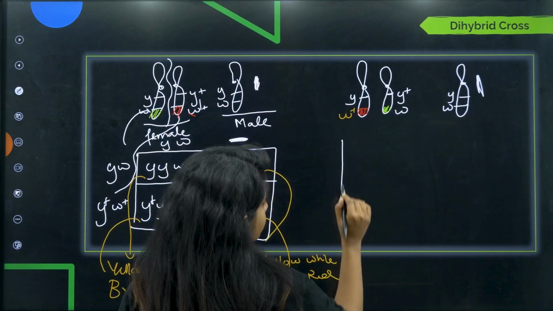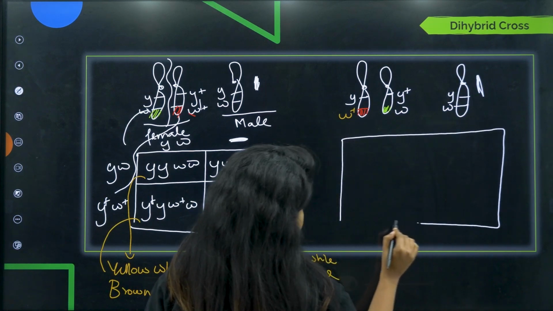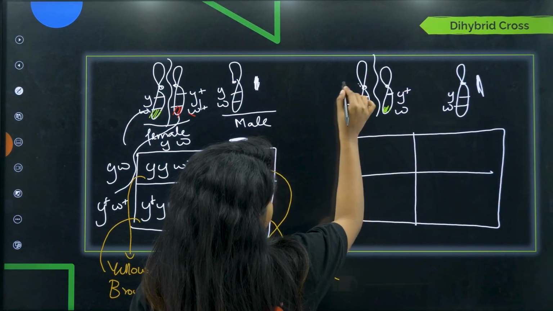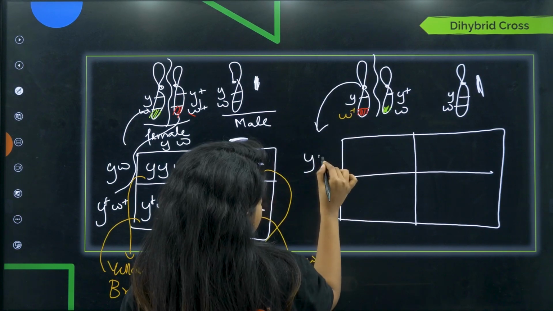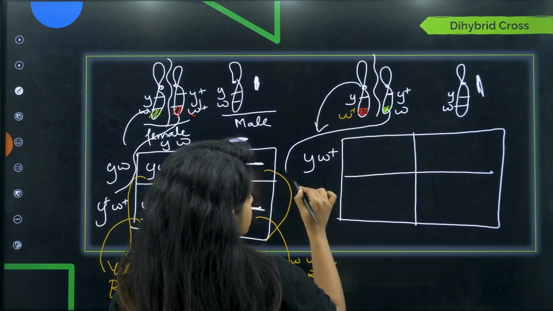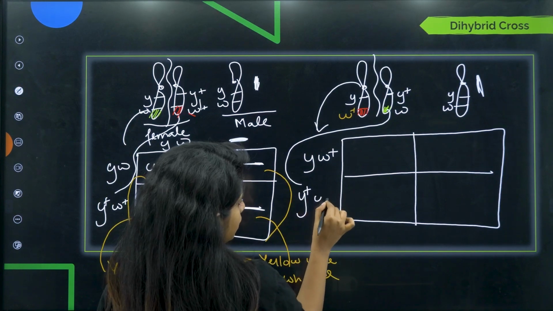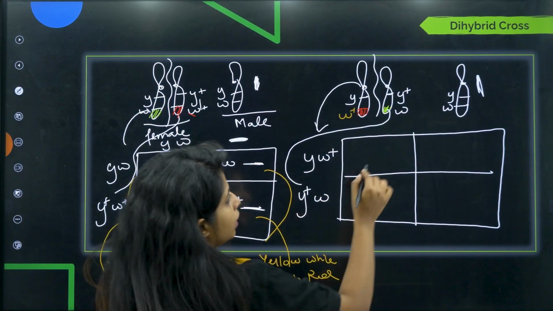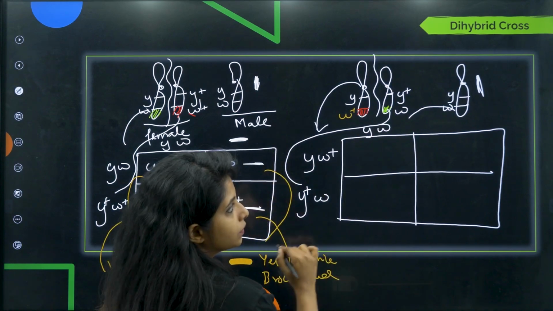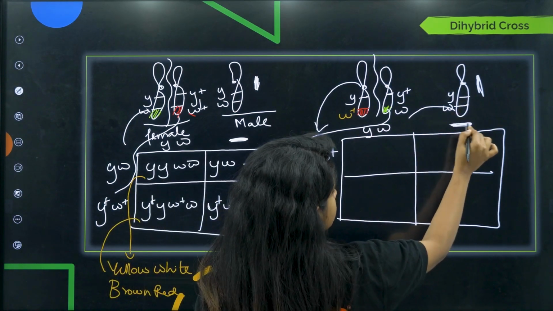Now what is the type of gametes that you can get? Let's see. A gamete can have this, or it can have this, that means Y plus and W. Now in the male case, it can be this, or it can be normal Y chromosome.